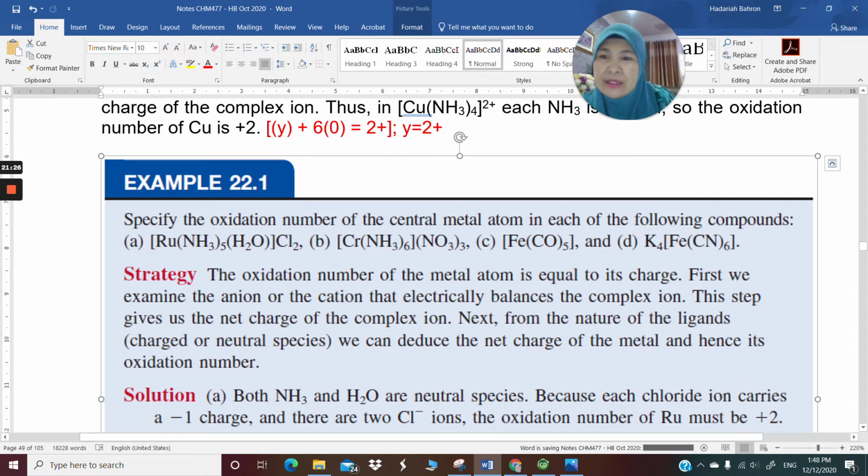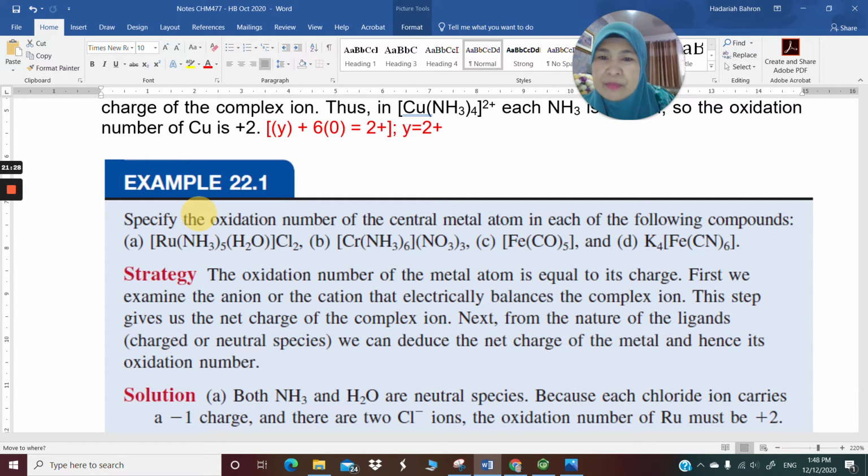So you can have a look at some examples here. You have Ru(NH3)5 H2O, that means a ruthenium with 5 ammonia and 1 water in the complex ion, and the counter ion is 2 chloride. That's one example, and you are to calculate what is the oxidation state of ruthenium.